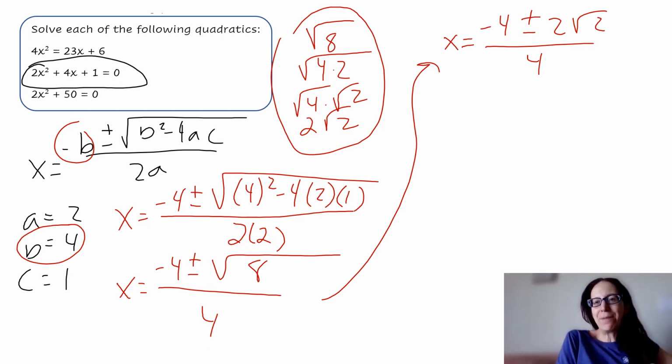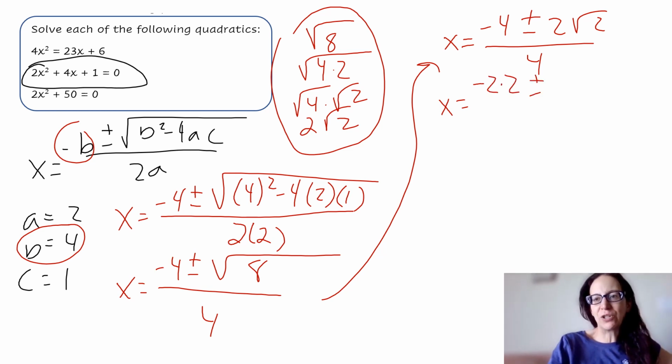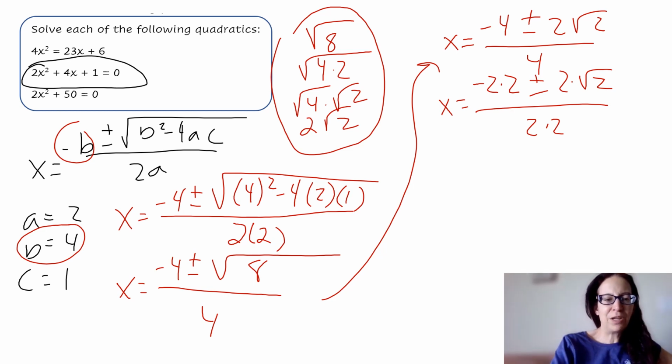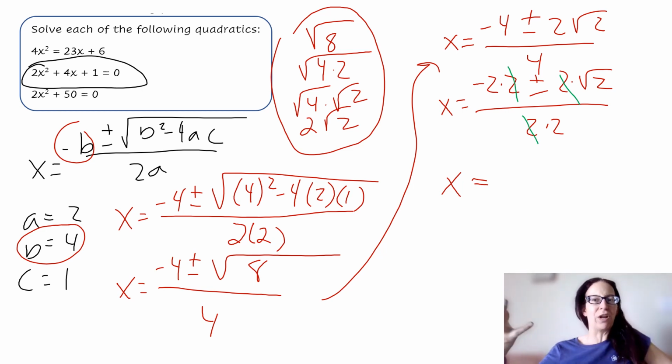I think what I am going to do for the purposes of this video is factor the -4 into 2 times 2. And this is 2 times the square root of 2, and then your denominator is 2 times 2. And what you can do is cancel out one of those 2's, but you have to cancel it out everywhere. You can't just cancel it out in one place.